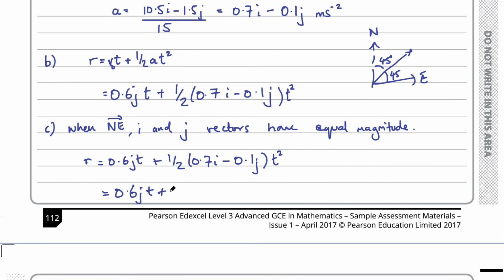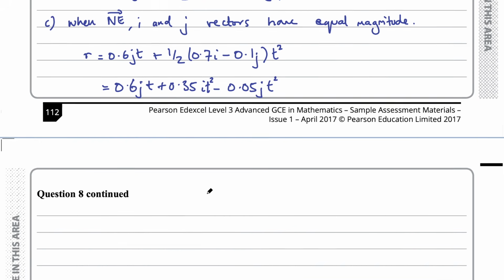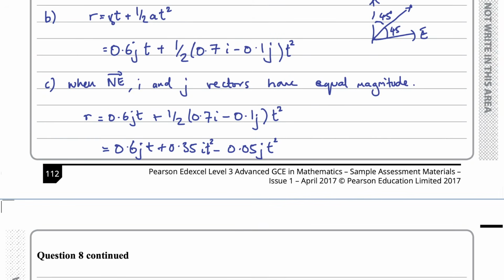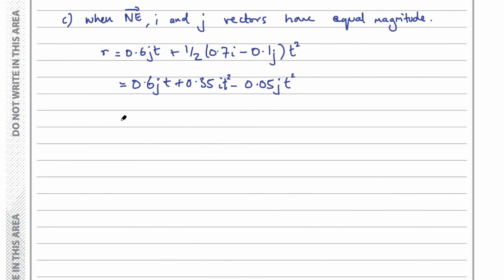So this is just going to be 0.35i minus 0.05j. And also we have that t squared belonging to both. Okay, I should have moved it down the page. Now what I might do is factorize out a t. So 0.6j, I factorize that out, plus 0.35i t minus 0.05j t.